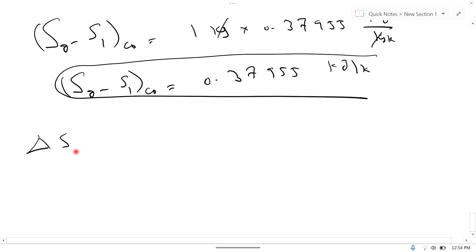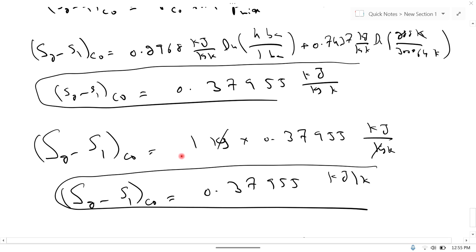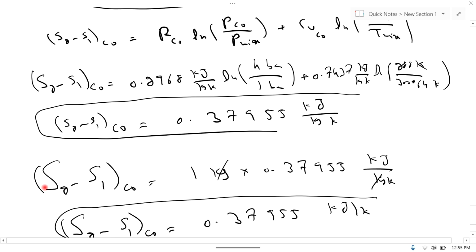Entropy change of the mixture is equal to entropy change of the air plus total entropy change of the carbon monoxide, which is equal to 1.706.